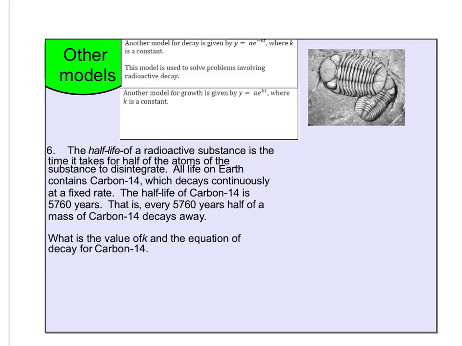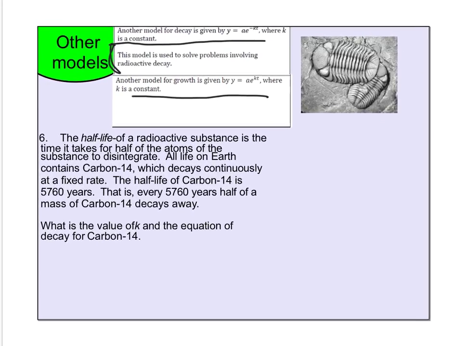All right, so there's one where e comes into play. For decay, it's going to be that. For growth, it's going to be that. K is a constant. This is mostly used for radioactive decay, so when you see half-life, those kinds of things, not talking about the video game, talking about actual half-life. This is where e comes in.